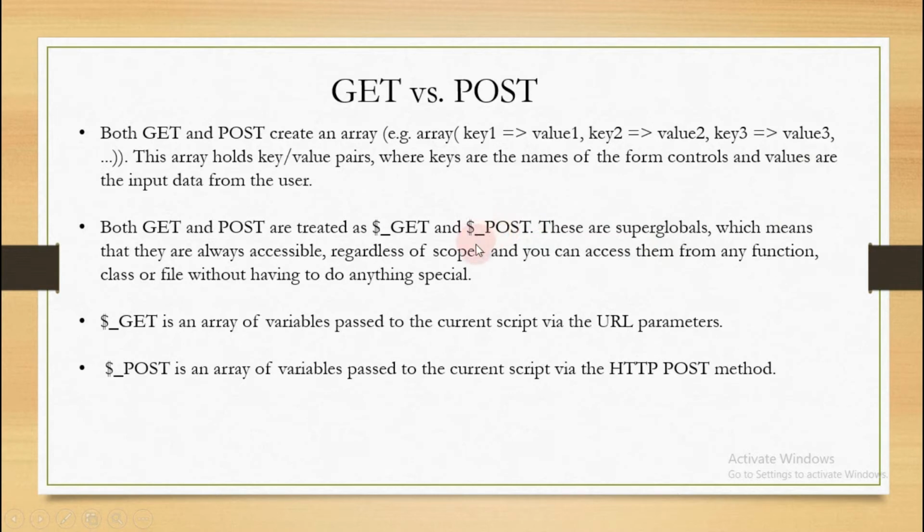Both GET and POST are treated as $_GET and $_POST. These are superglobals, which means they are always accessible regardless of scope, and you can access them from any function, class, or file without having to do anything special.